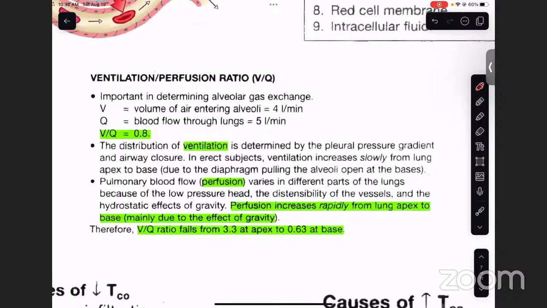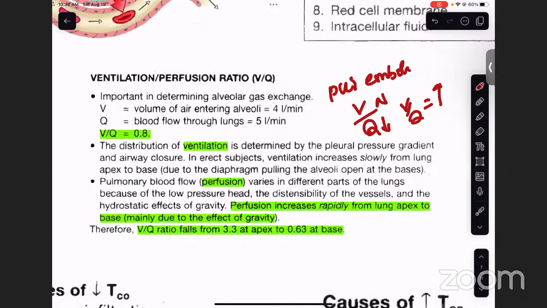In case of pulmonary embolism, the volume of air entering the alveoli is normal, but there will be a reduction in the flow of blood into the pulmonary circulation. So blood flow will be reduced and the ventilation is normal. So the VQ ratio will be increased. Okay, this is one of the examples you need to note.